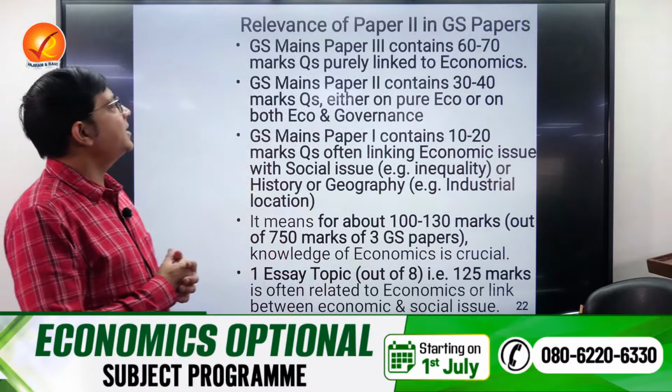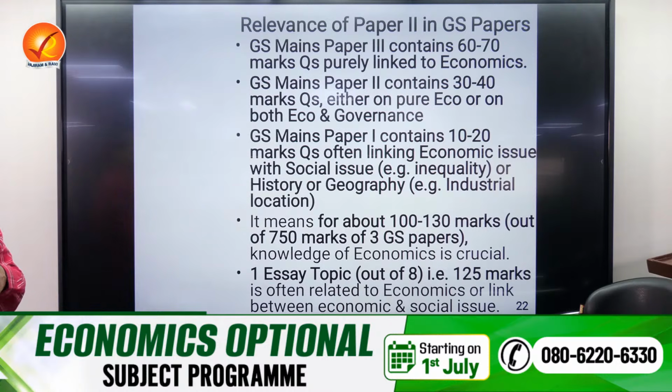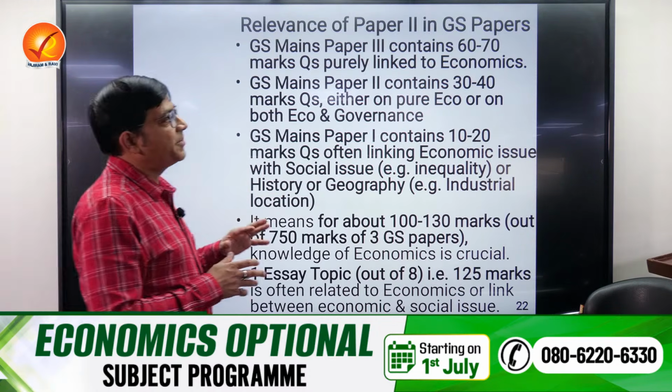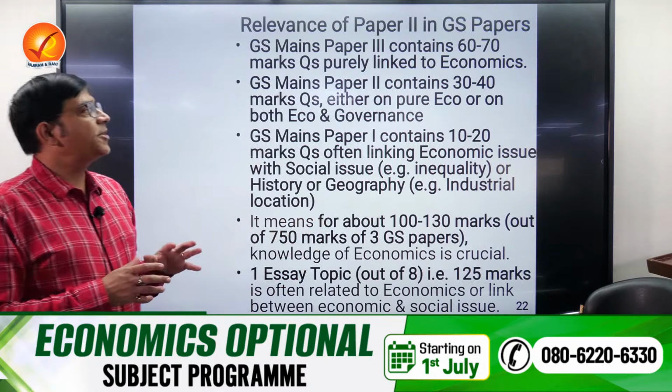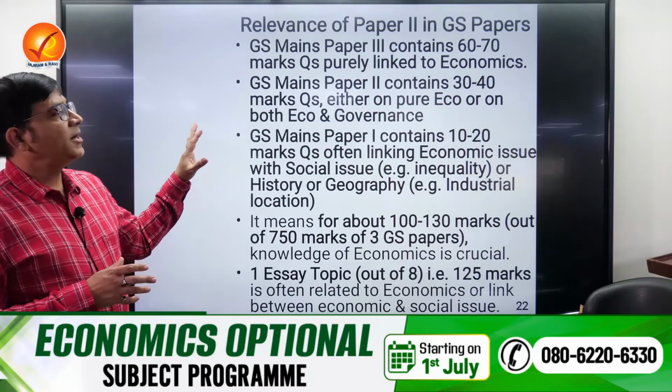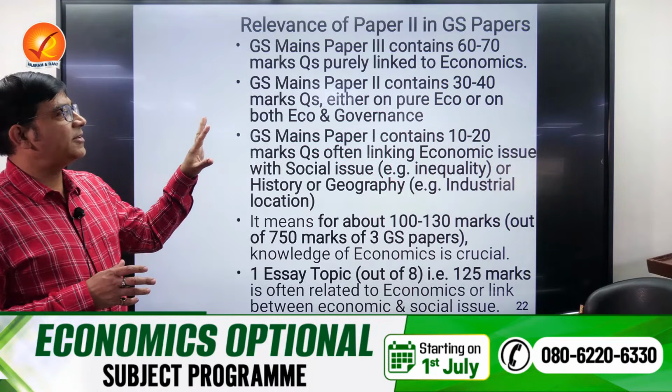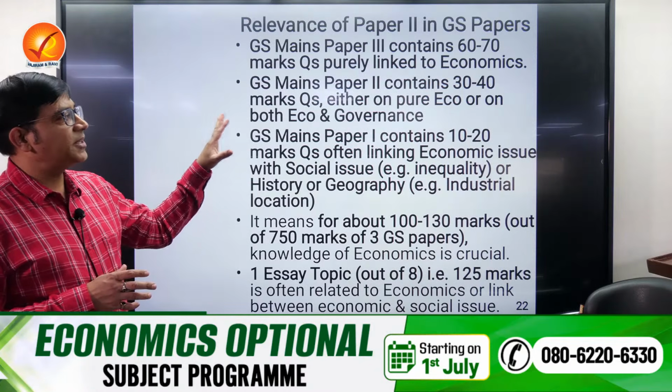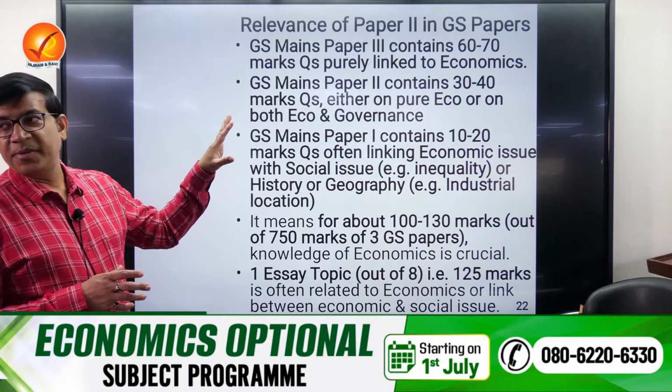I go further to the relevance of this paper in GS, just like I talked about the paper 1 relevance. The relevance is more in the mains exam. Just to give you some general idea, we have seen around 60-70 marks of questions in paper 3 which are linked to economics.